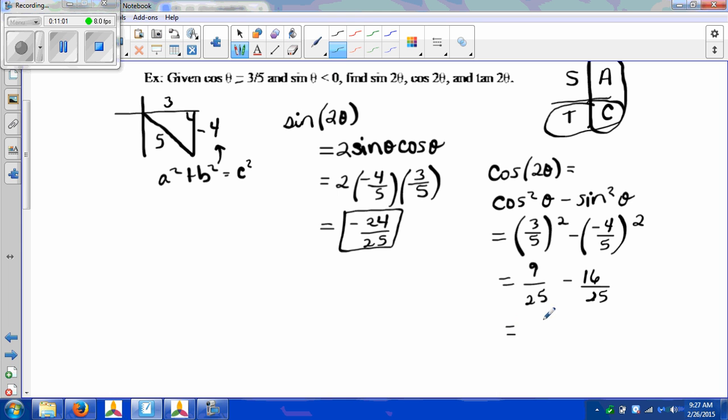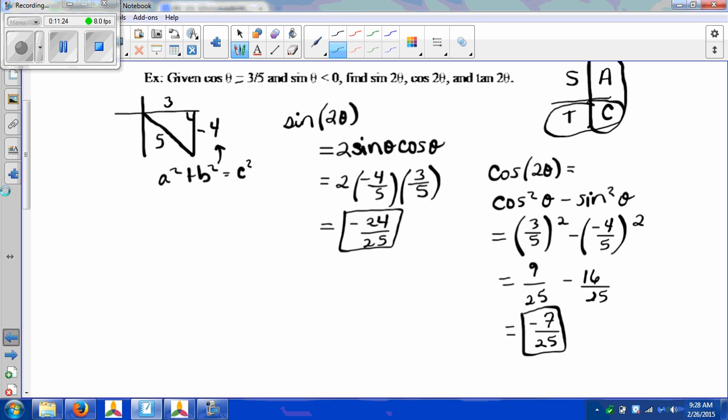Everybody's here to confirm if that's right. Yes. Alright. So then I know I can do all that, and then it takes me a minute to subtract 9 minus 16. Okay, and then finally we can do the tangent of 2 theta.